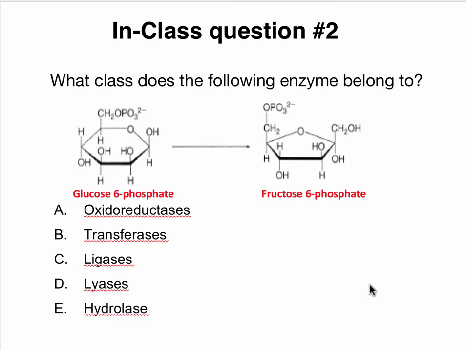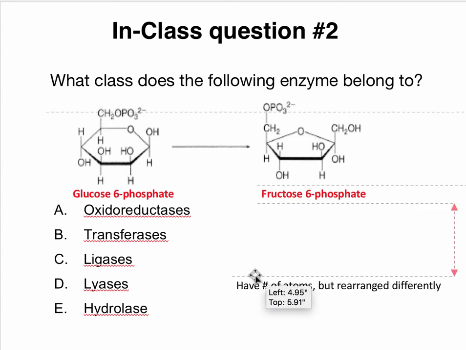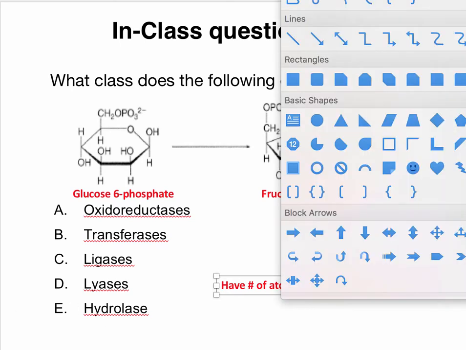And so we're converting glucose 6-phosphate to fructose 6-phosphate. If you sat and counted the number of atoms, both of these have the same number of atoms. They are just rearranged differently. And so you would hopefully, based off of our identification of the different classifications, be able to classify this reaction as an isomerase.